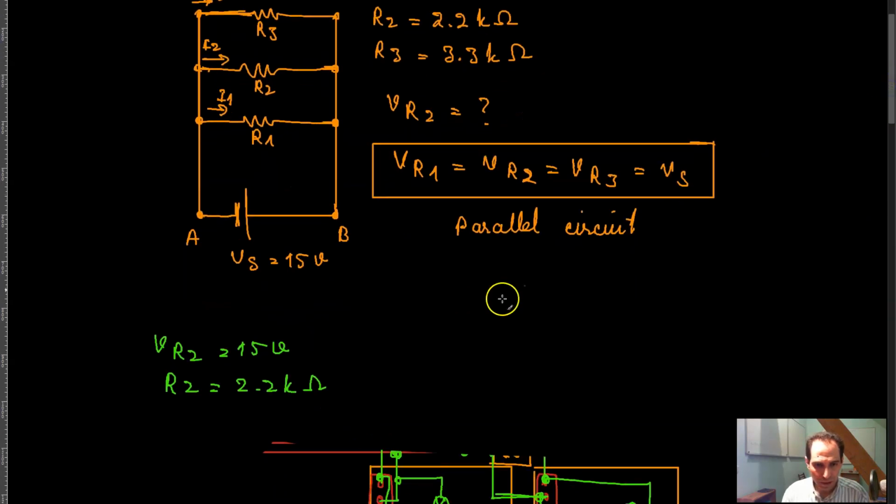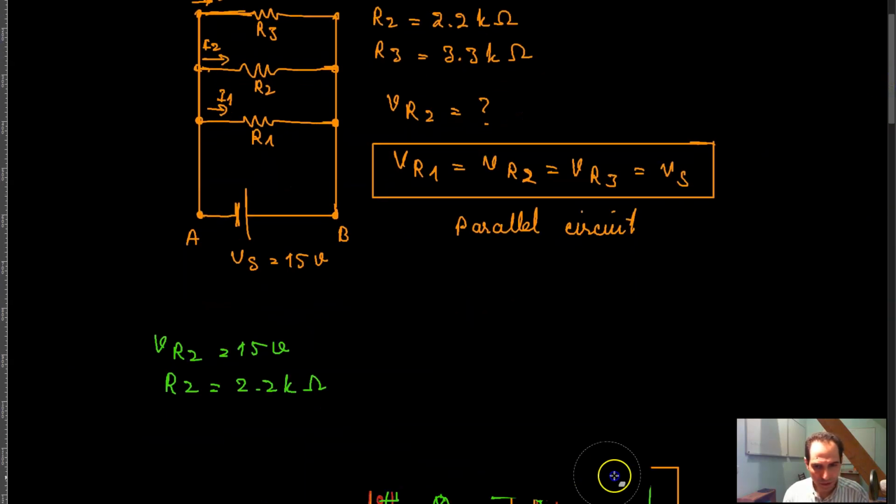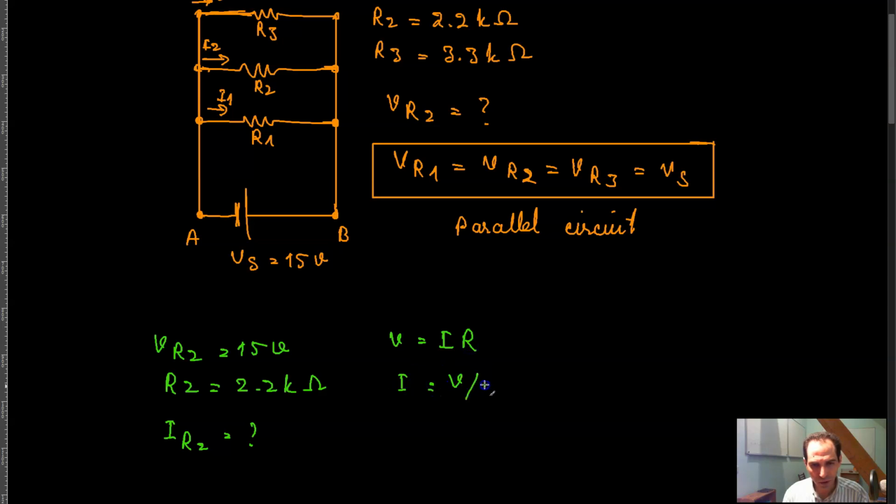Which means that the current going through R2, that is I of R2, you know that V is equal to I times R. That means that I is equal to V over R. That means that I is equal to V, which is 15 volts, divided by R, which is 2.2 kilo ohm, which is 2.2 times 10 raised to the power 3 ohms, right?